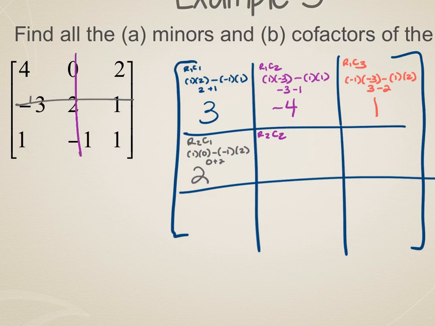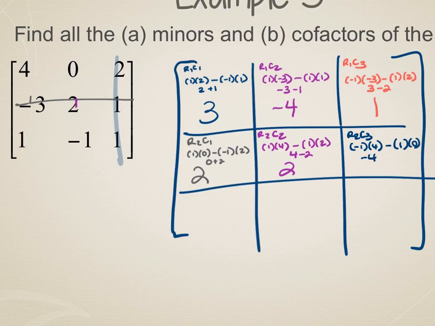And I'm finding the determinant with 1, 4, minus 1, 2. 4 minus 2, which is 2. Now I go row 2, column 3. And what's left is -1, 4, minus 1, 0. -4 minus 0, which is -4.